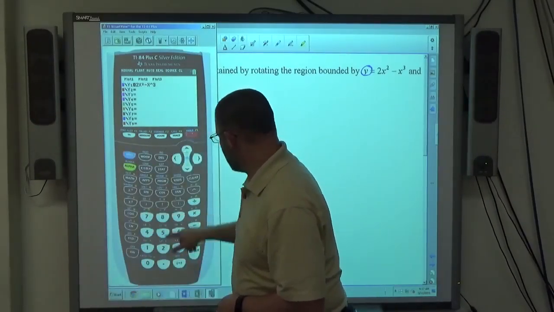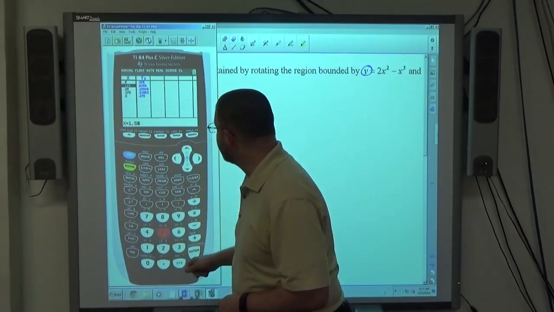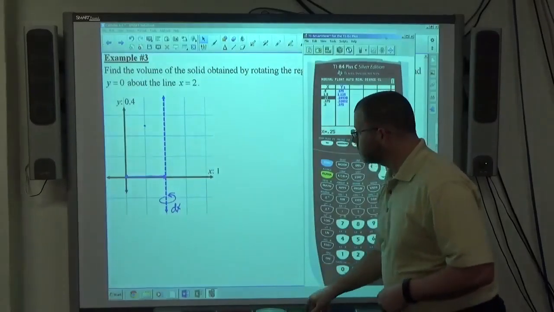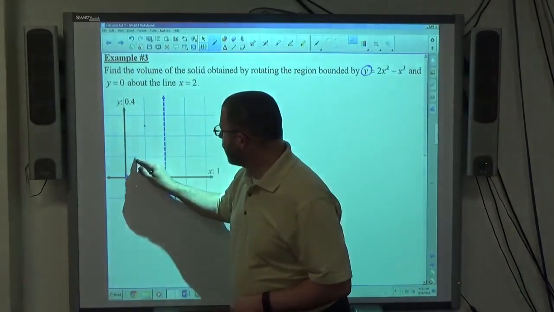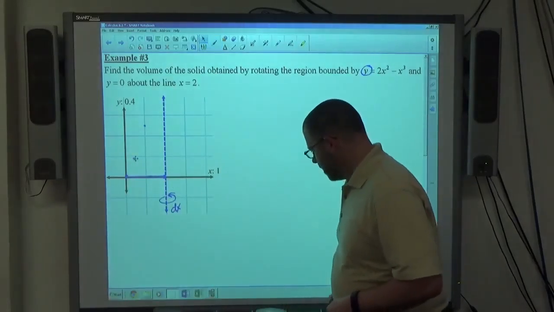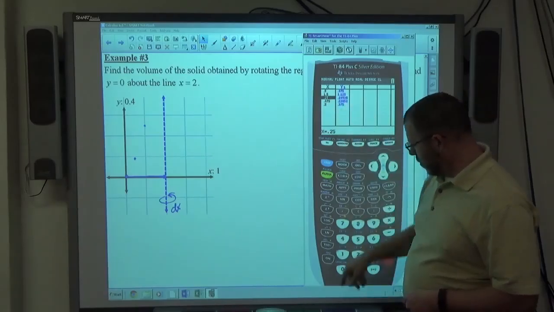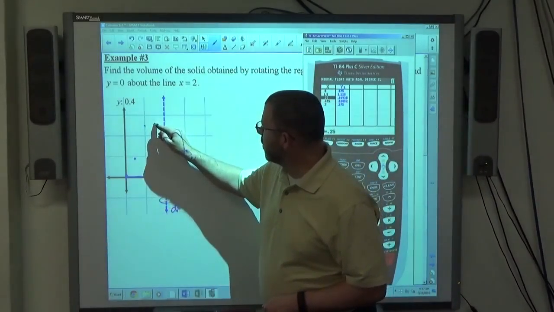Perfect. All right, so if I go 0.5, we're at 0.375, and 1.5, we're at 1.125. So 0.5, 0.375, which is almost 0.4, right? And then 1.5, 1.125, and again this was 1, so 1.125 is a little bit higher than that, right?